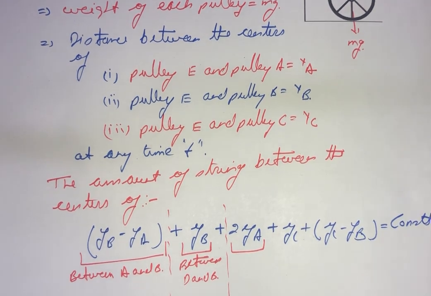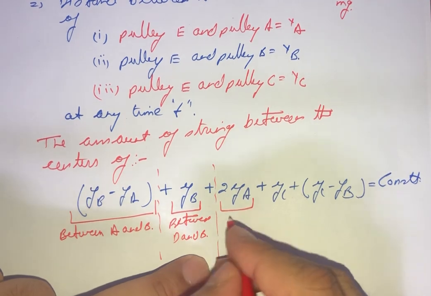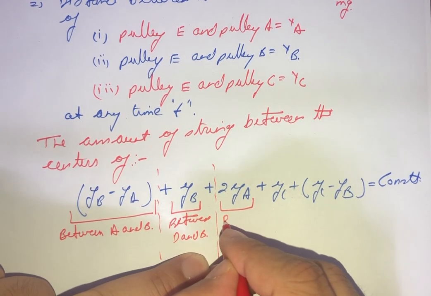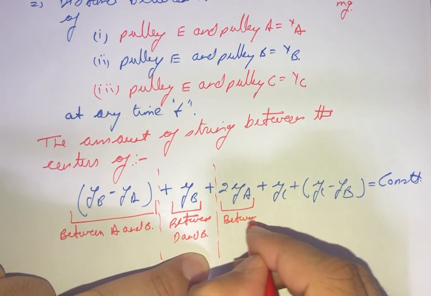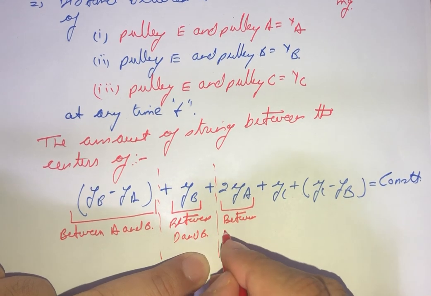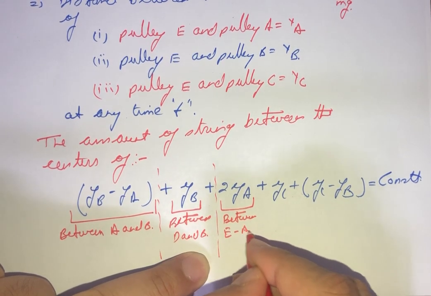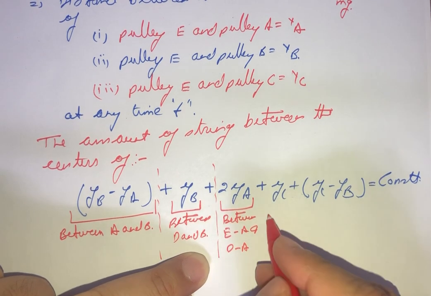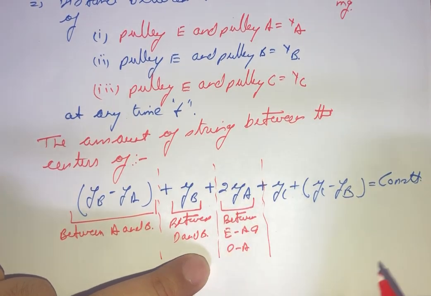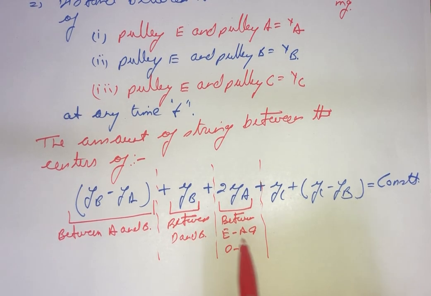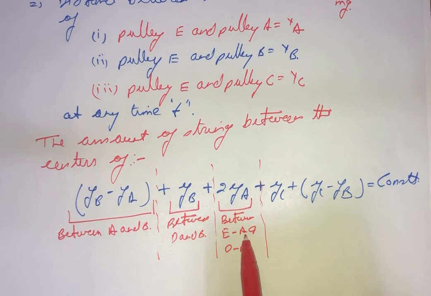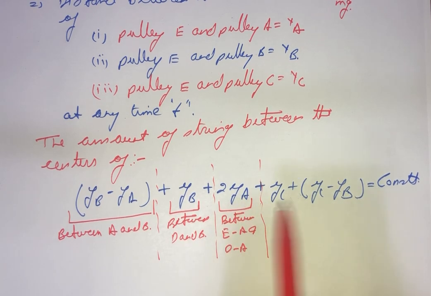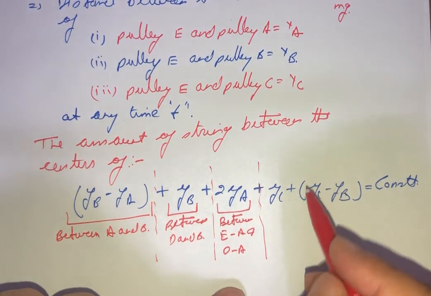So we can say this is between E to A and D to A. So this E to A will be Y and D to A will also be Y, so we are going to get 2Y.